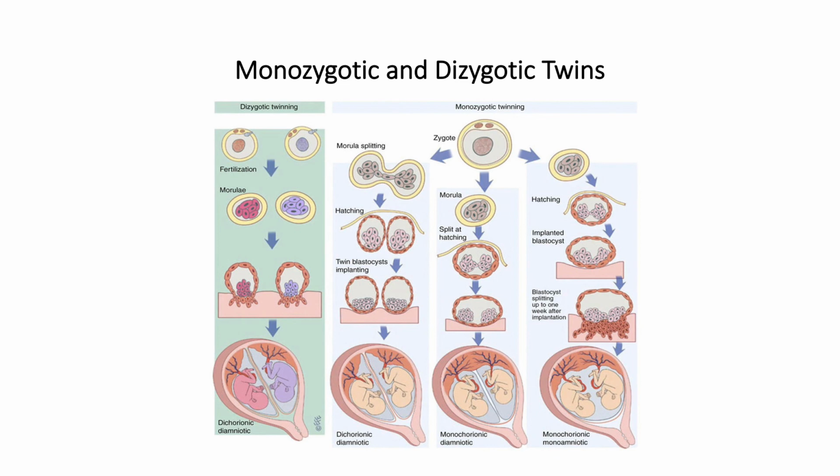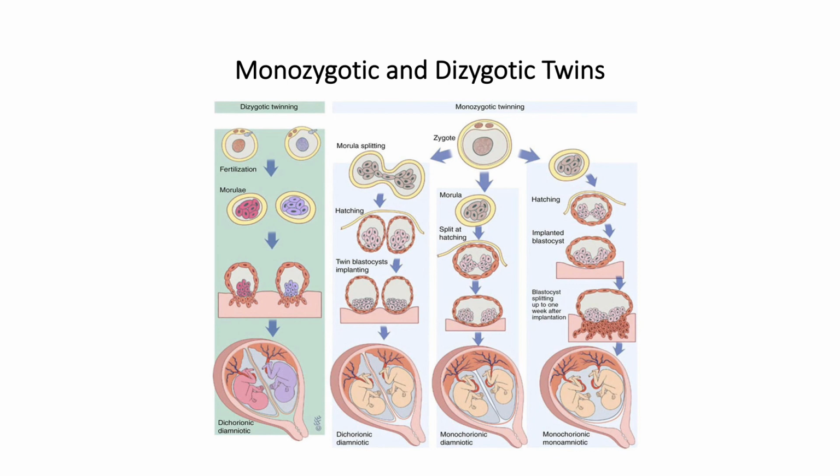The other way that can happen is you can have a morula that hatches into a blastocyst, and then the blastocyst can divide at that point, at which point they'll share a chorion, but they'll have separate amnia. Also identical twins.